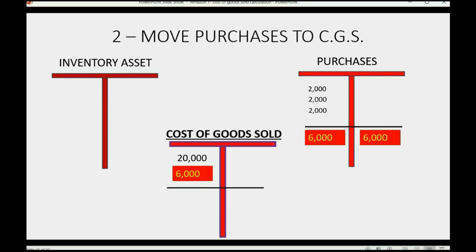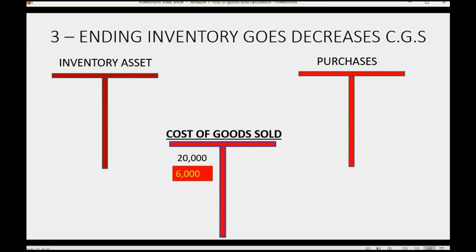Now, cost of goods sold now has this final third step. The ending inventory will go as a decrease to cost of goods sold. And we know the amount that we physically count at the end, which is the amount left over, gets subtracted in our little calculation.